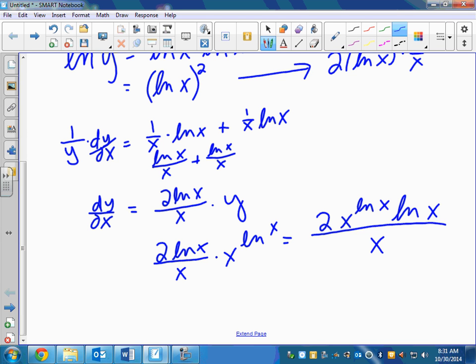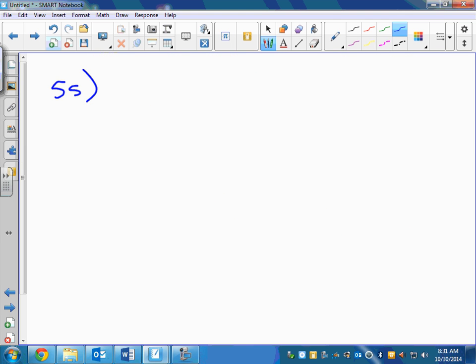If you look at 55, I think I got A, but the rest I missed. 55 says, let f of x equal 2 to the x. Find f prime of 0. So that one you just find it with the a to the x formula, right?